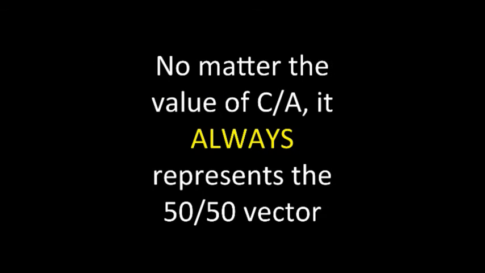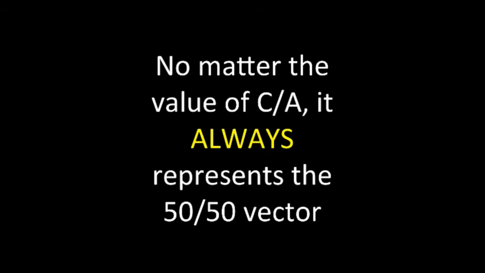So no matter the value of the C over A, it always represents the 50-50 vector, or essentially your starting point. Remember, this is an anatomical constant. This does not change from one x-ray to the next on a patient. And one advanced tip on this is that if you are analyzing your x-rays and you're seeing that you are getting different axial circles, or condylar circles for that matter, that really isn't changing.